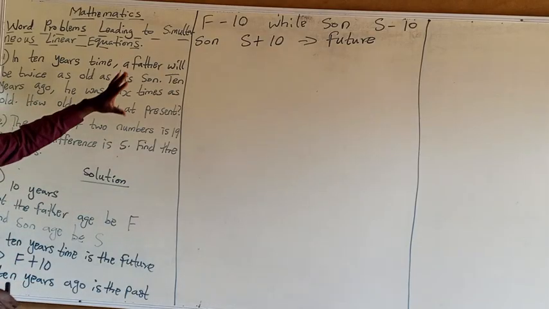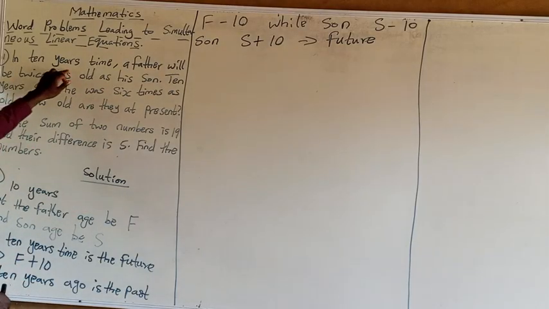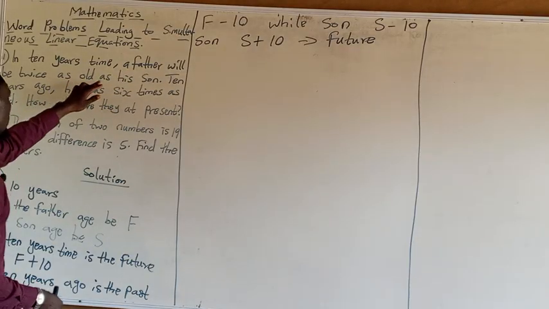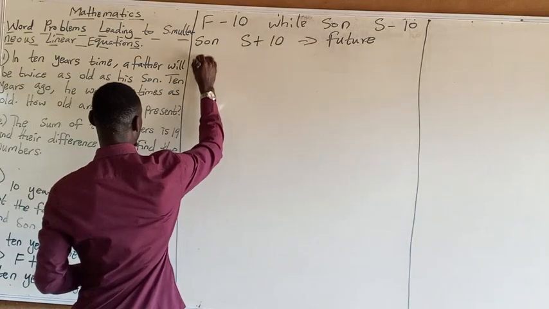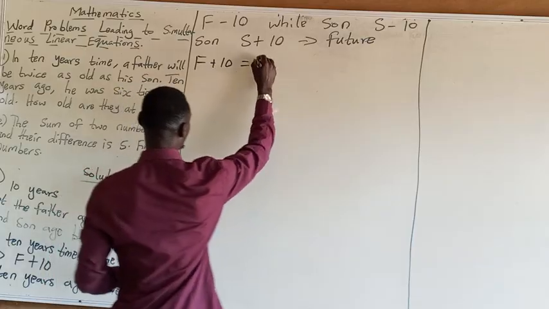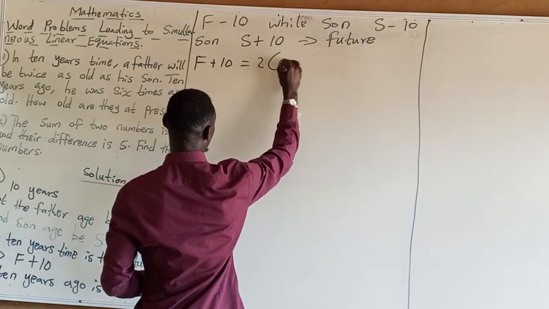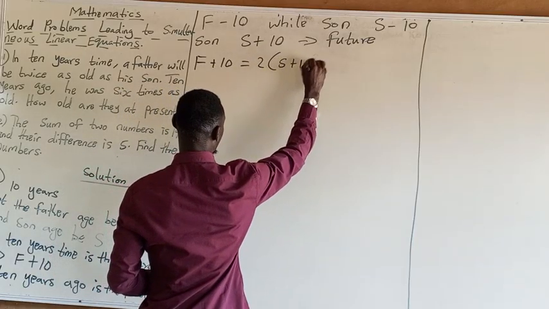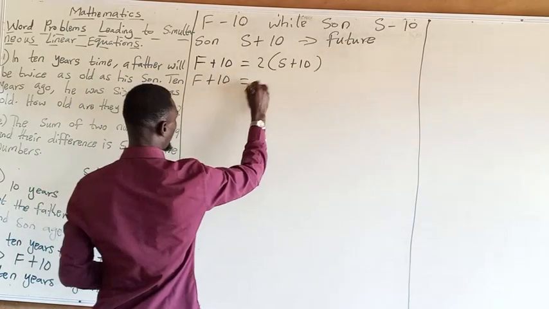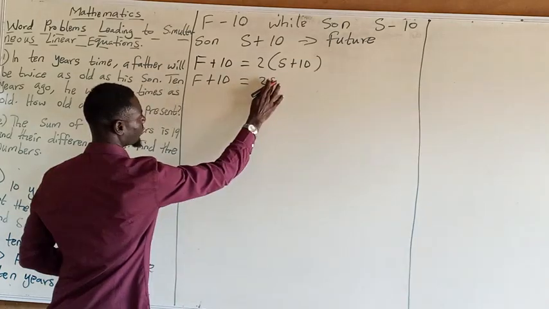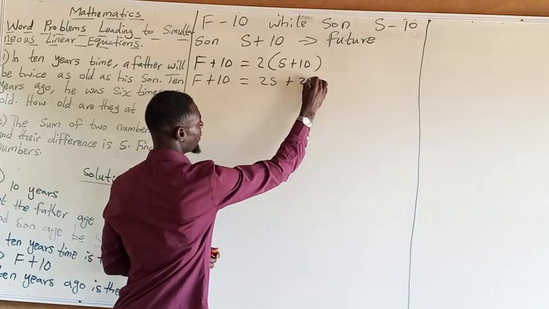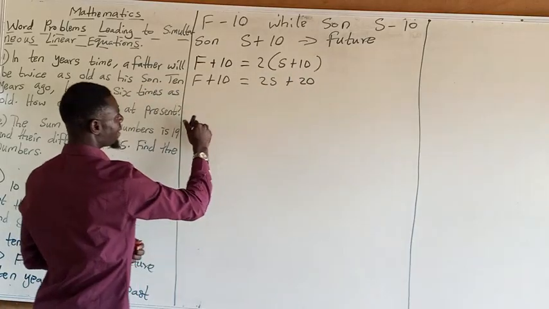So let's correlate this to the equation. In 10 years' time, a father will be twice as old as his son. That is, F plus 10 is equal to twice the son, 2 times S plus 10. Now, open the bracket. We have F plus 10 is equal to 2S plus 20, 2 times 10. Collect like terms.